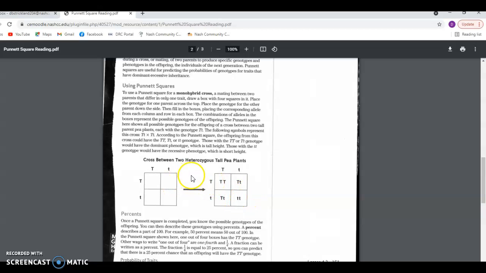So in this case, when they cross these two pea plants, we got dominant and recessive, dominant and recessive. You combine them to make these two T's. You combine these guys to make the lowercase and the capital letter.